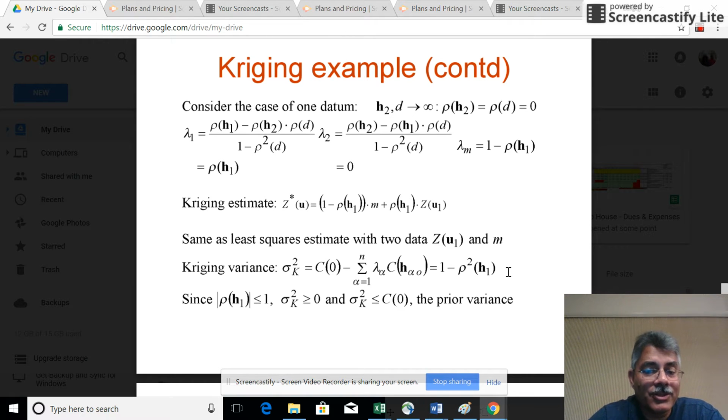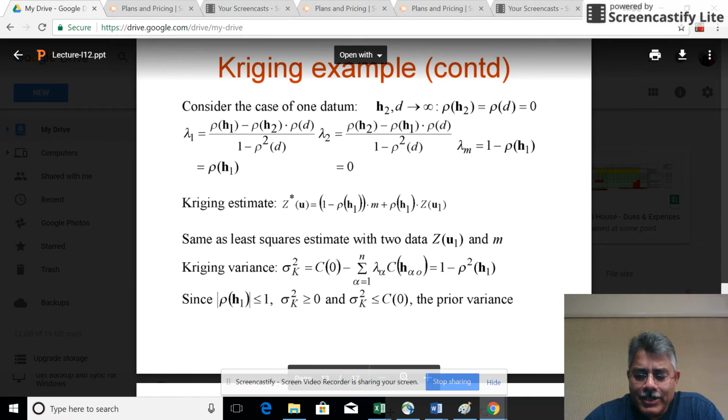So this simple example is proving those two points: that simple Kriging is nothing but regression when the data become independent of each other, and when the data become independent of each other, the estimation variance is guaranteed to go down. But like I said, that may not be the reality, in which case, if you do simple Kriging, you'll get a false notion that variance is going down, uncertainty is going down, when in actuality it is not.